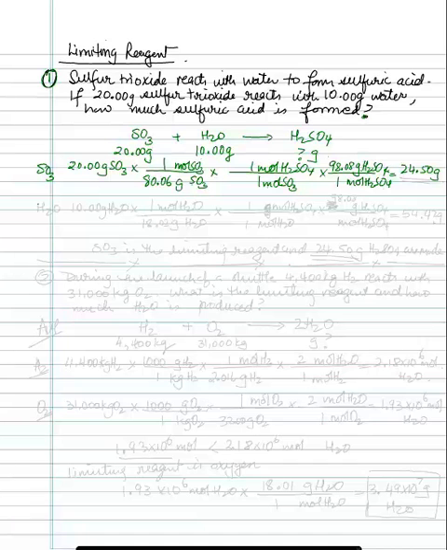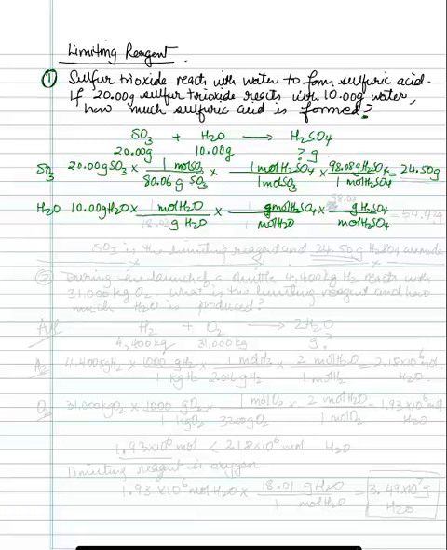Let's do the same thing for water now. And so we have 10.00 grams of water. Convert that into moles of water, then the mole ratio to moles of H2SO4, and then convert the moles of sulfuric acid to grams of sulfuric acid.